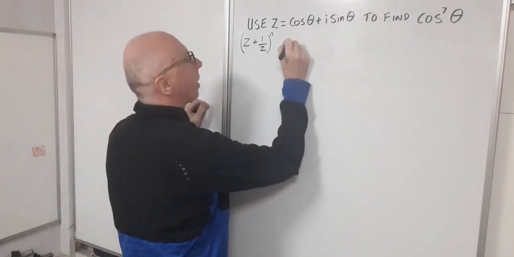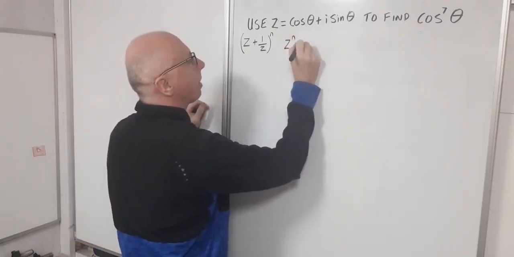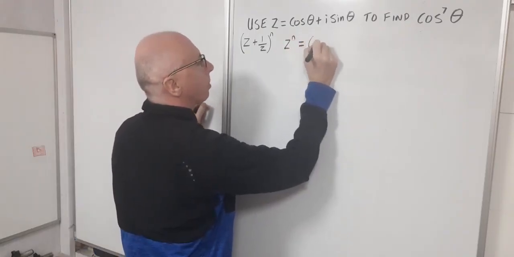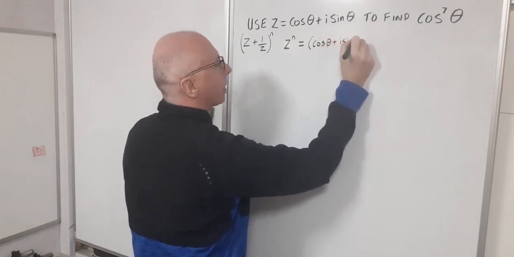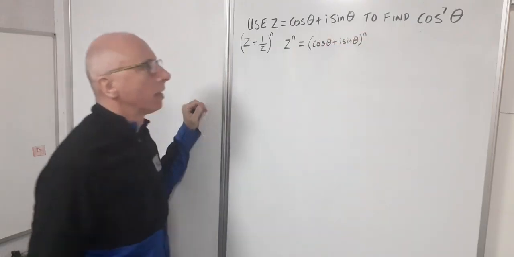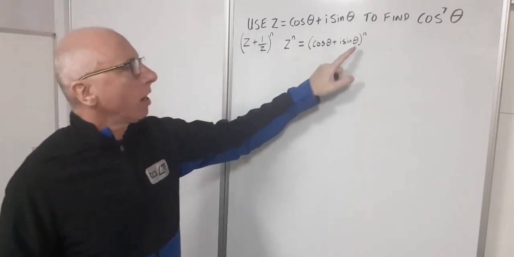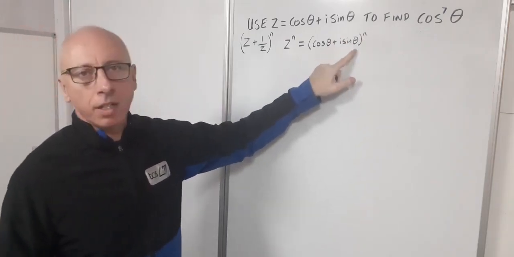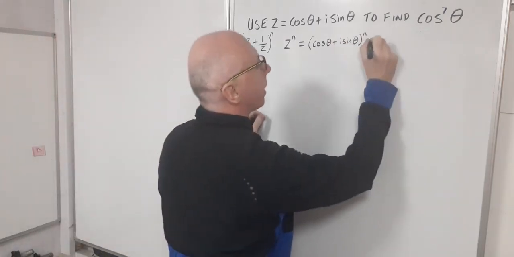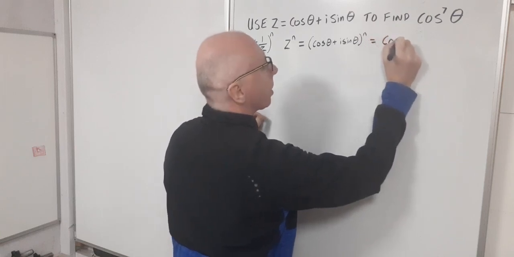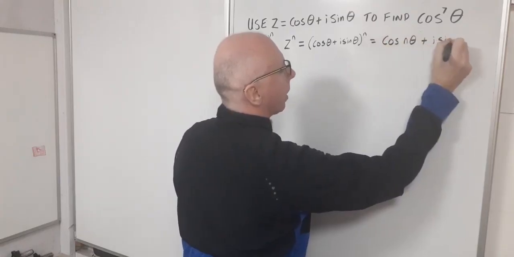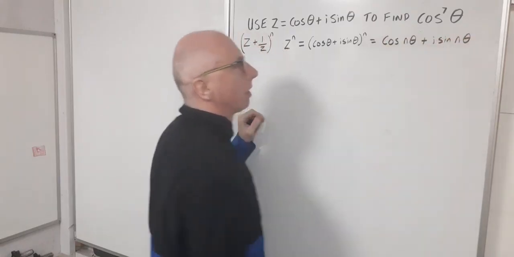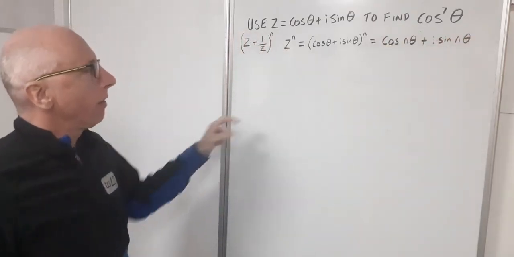So now we need to find out what z to the n is, which is cosine theta plus i sine theta to the power of n. And using the identity, we can bring the n inside the input for cosine and sine. So then that gives us cosine of n theta plus i sine of n theta. So that's a valid input there for us.